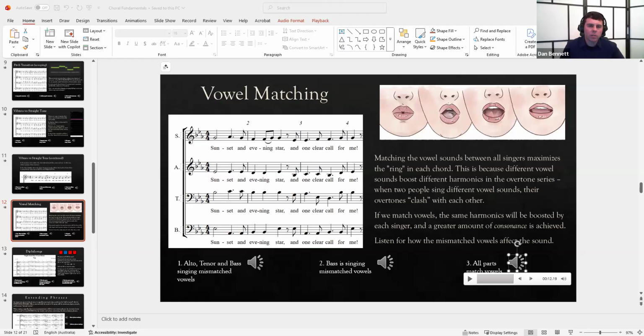Those kinds of vowels tend to be a bit too dark, or at least darker than my preference. So we do some exercises to try to bring that into line with everything else, because everything else seems to be all right, a good level of brilliance to the tone.